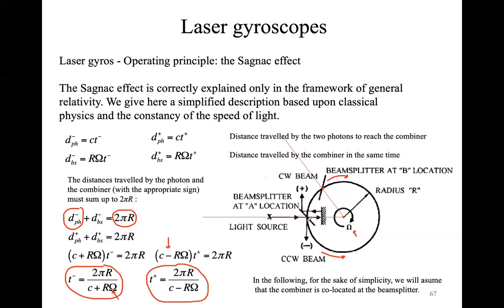So when the anti-clockwise beam is going to approach the beam splitter, it is going to see it with a velocity that indeed is C plus R omega. So basically what it means is that it will see an increase in its frequency.